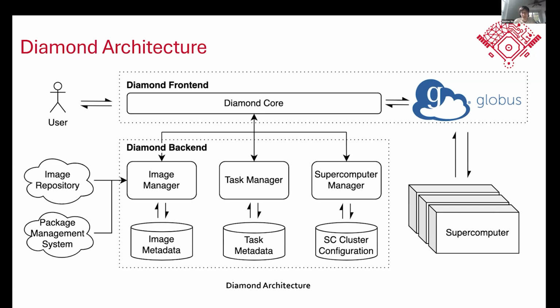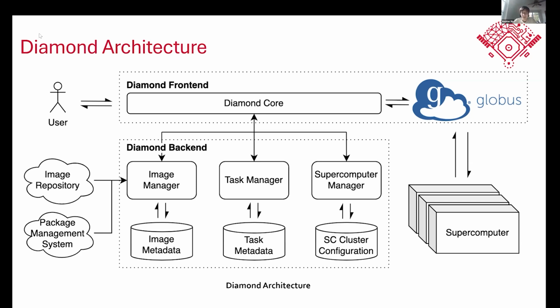Everything you need to finish with Slurm can be implemented by Diamond. We also provide a simplified process to allow users to build a containerized environment by using Apptainer or other containers in the supercomputer to wrap all the environment and the dependencies of the application.